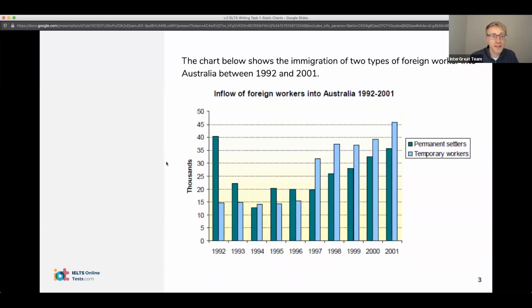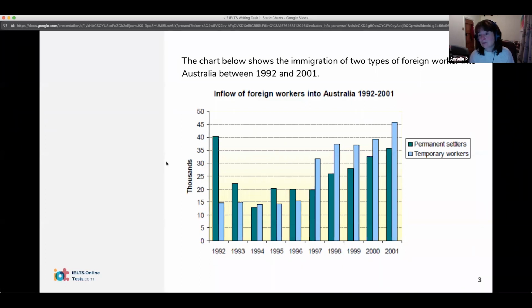Good. This is a good question from Ornicha, who is asking, is it necessary to put the data, like a percentage, in every sentence? In the body paragraphs, yeah, you're unlikely to have a sentence without a piece of data in it.